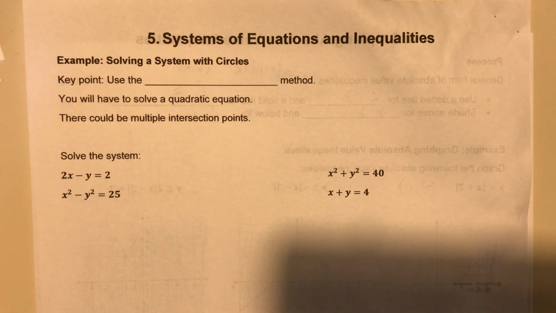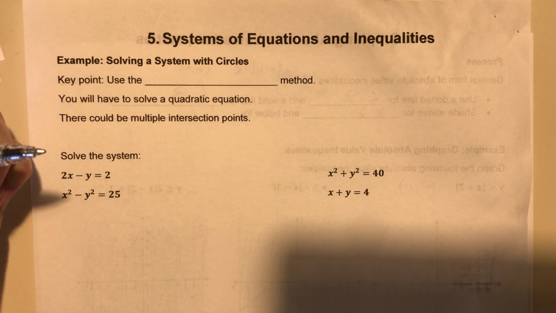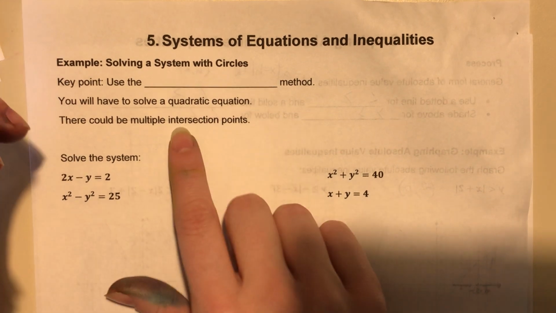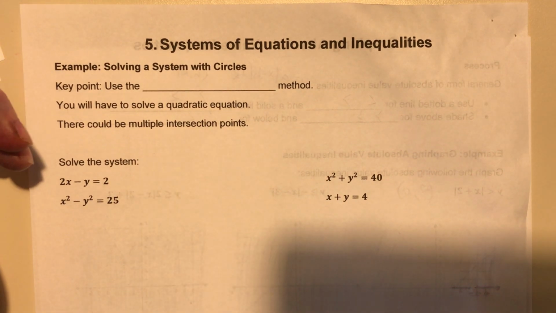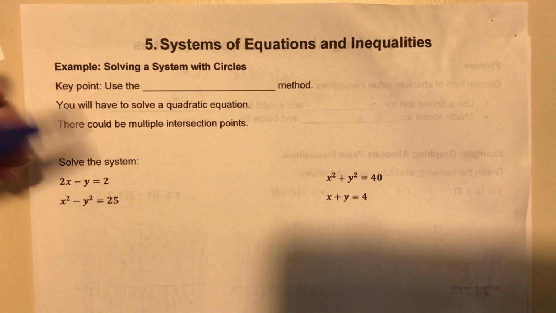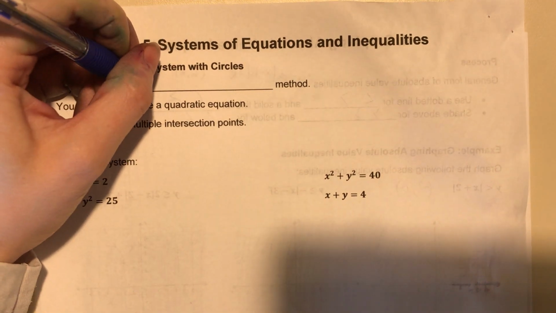One thing we're going to talk about today is one way to solve systems algebraically when we have circles, and the rest of the things we're going to talk about are solving systems graphically. If we have a system with circles in the equations, we are going to want to only use the substitution method.